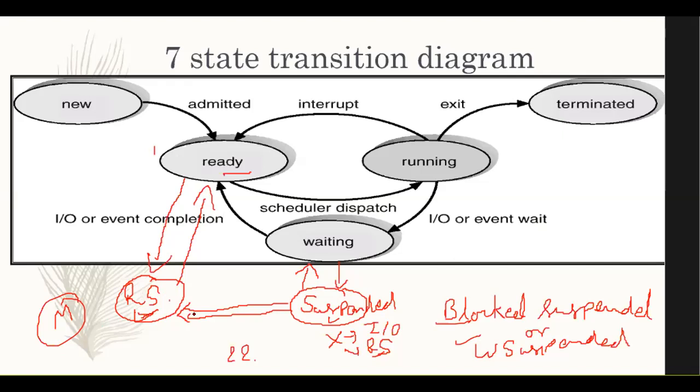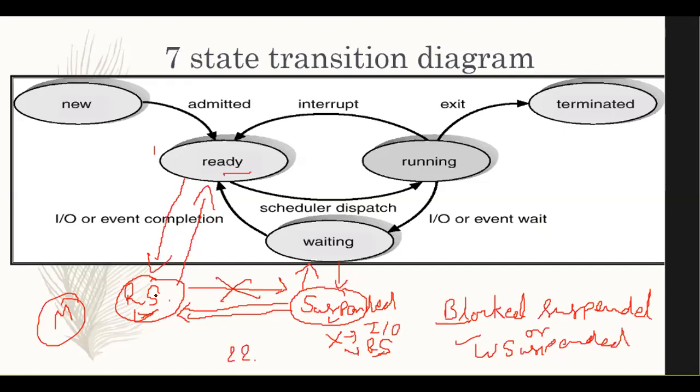Hence, I can send a process from suspended state to the ready suspended state. Now, can we have the reverse arrow? The answer is no. Why would you want to send any process from ready suspended to suspended state?